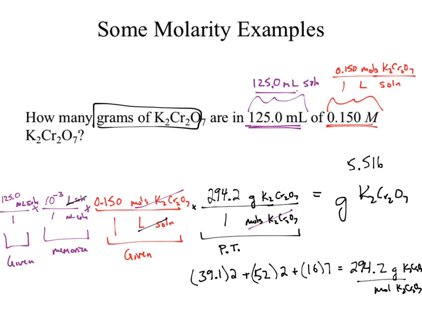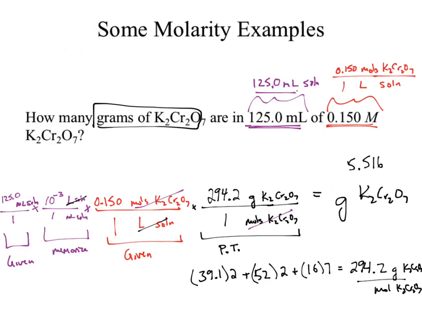If we take a look at the numbers, I believe that. That seems reasonable. Would that be a correct answer? No. What's the issue? I do have the grams. It's sig figs. This has 4 sig figs. Doesn't 125.0 have 4 sig figs?